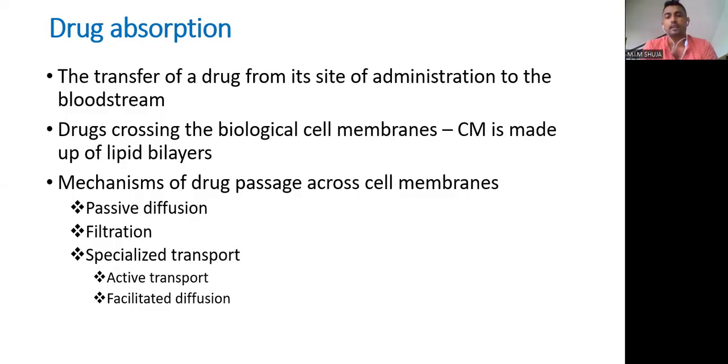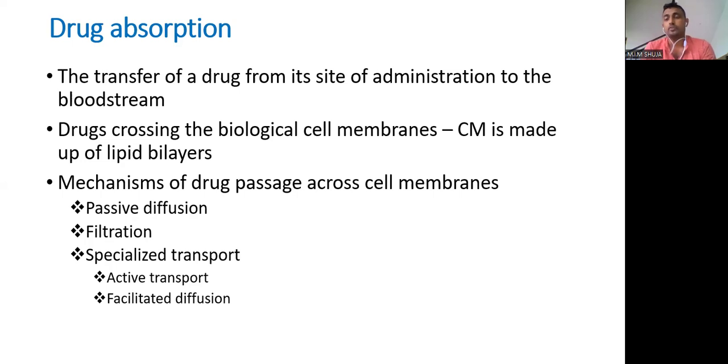There are a few mechanisms of drug passage across the cell membrane, like you know from your early physiology: passive diffusion, facilitated diffusion, filtration, active transport, and endocytosis.